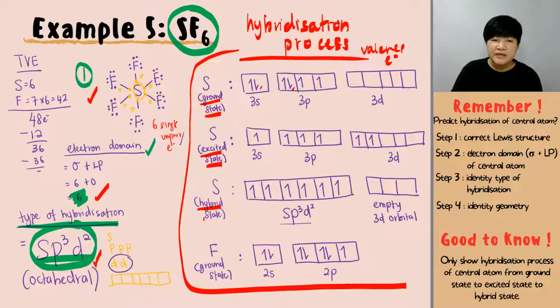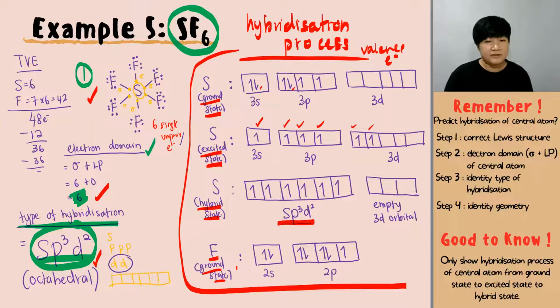In the hybrid state, you are mixing up the orbitals that you need. So you mix up the 1 from the S, 3 from the P, and 2 from the D to produce a new set of orbitals, sp3d2. And last but not least, your fluorine ground state as the terminal atom. Okay? And that's it for the hybridization process.